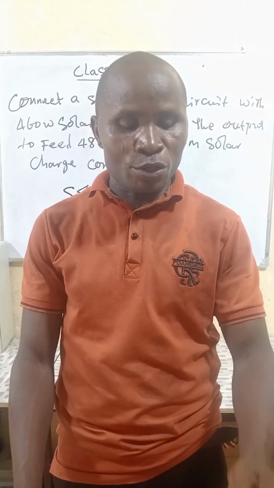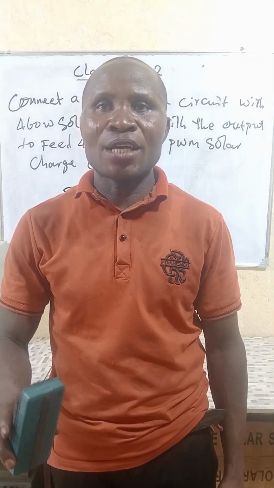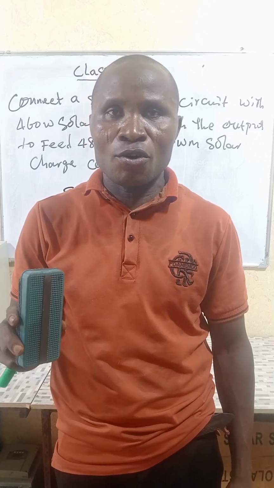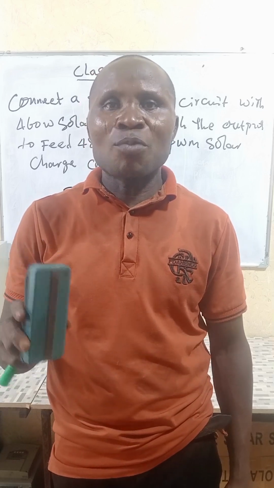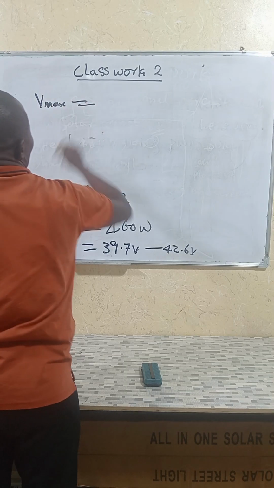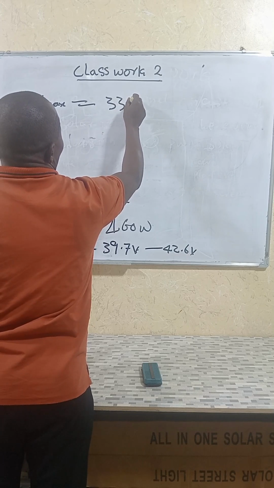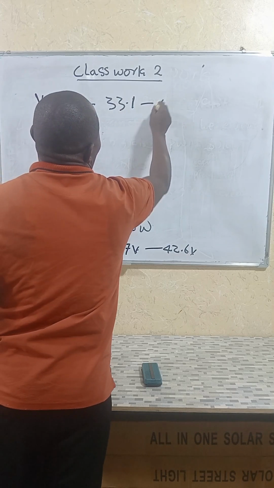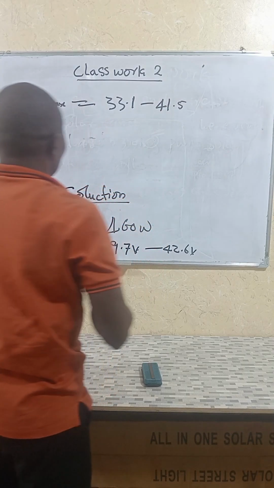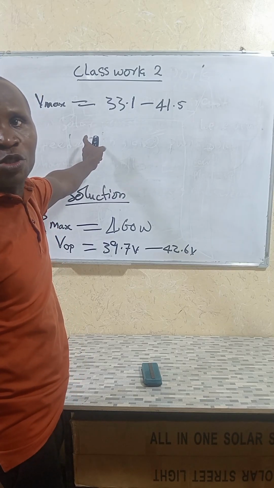Before we continue, we need to put this into consideration: the open circuit voltage of the cell under standard temperature condition. Then the maximum power voltage is what it will generate.